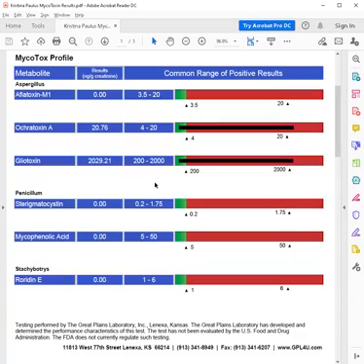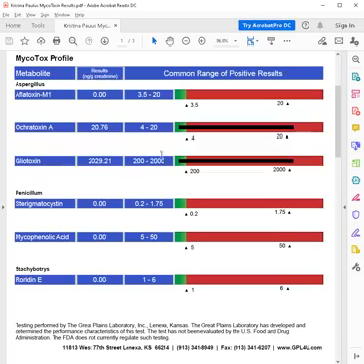This test is the Great Plains Laboratory Mycotox Profile. It screens for 11 different mycotoxins from 40 species of mold in one urine sample. The Mycotox uses the power of advanced mass spectrometry, which is necessary to detect the lower levels of fungus in the fungal toxins.